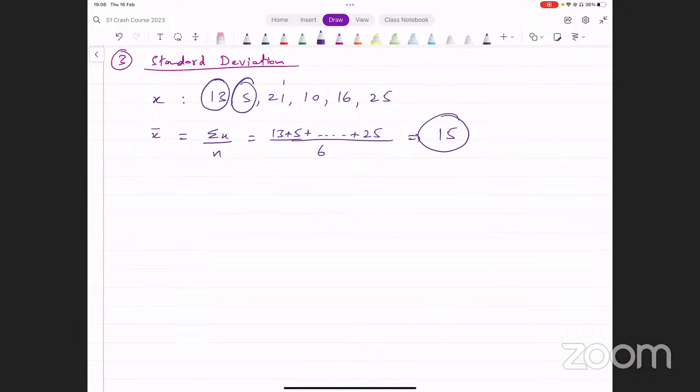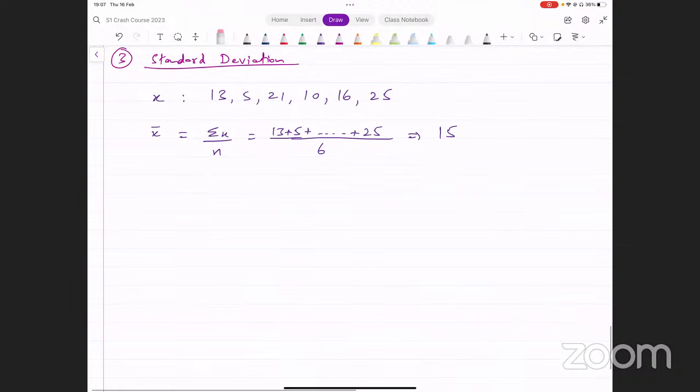How far is 21 from that? What's the average distance from the mean? That's what standard deviation tries to measure. All right, average distance from the mean. Now let's try and think about this. We've got one variable that is x, and it has these values, 13, 5, and so on. I've written these here. Let me just copy them here again.